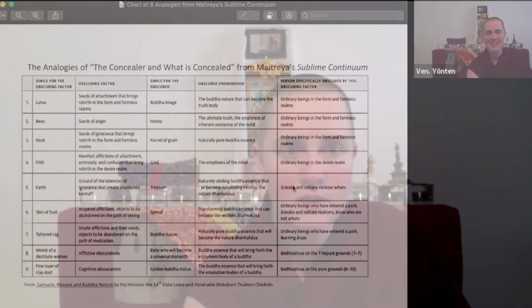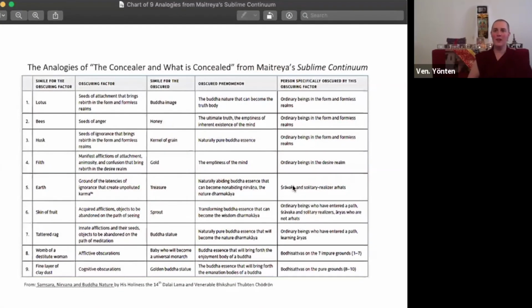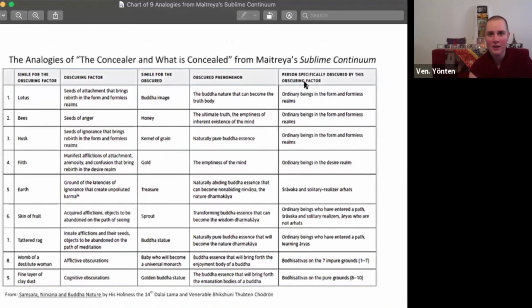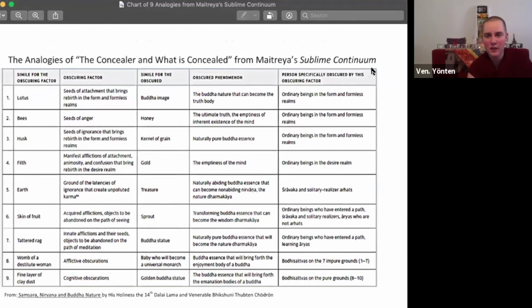So the only other section I just wanted to check in with you guys, if you wanted to ask about or review at all, was those 9 analogies. And when you look at those, hopefully it's starting to make a bit more sense, especially that last column. Yeah, person specifically obscured by this obscuring factor, this whole column at the very end. This slowly will make more and more sense over time.